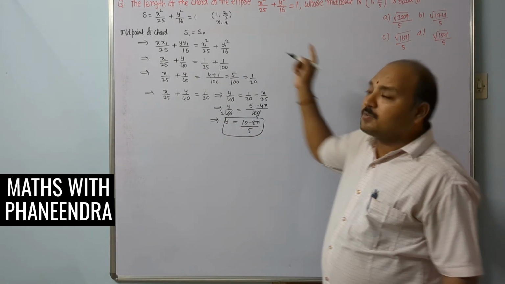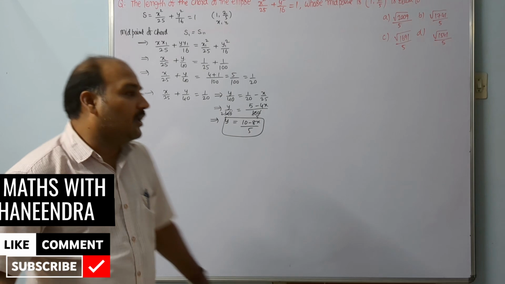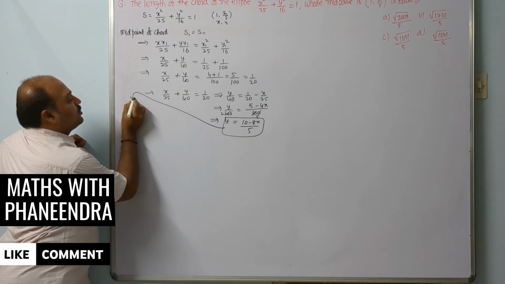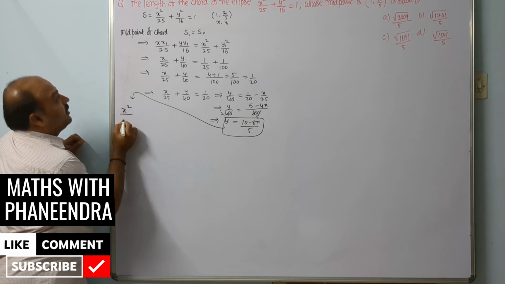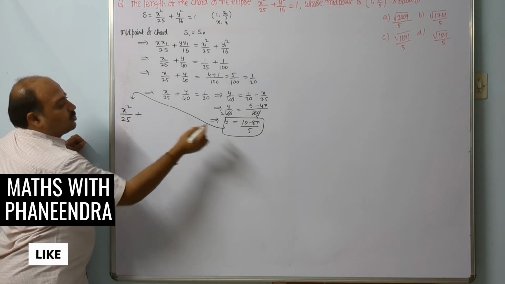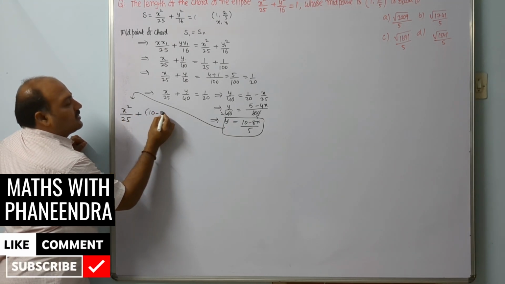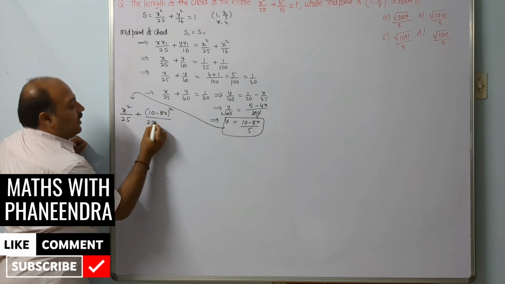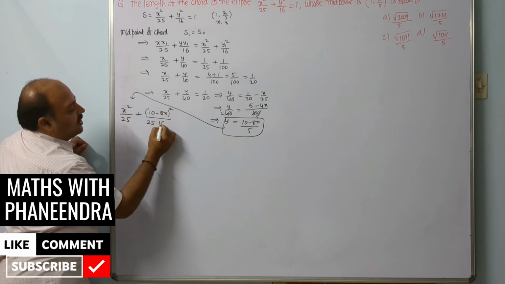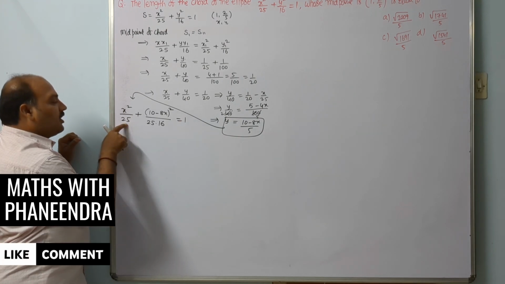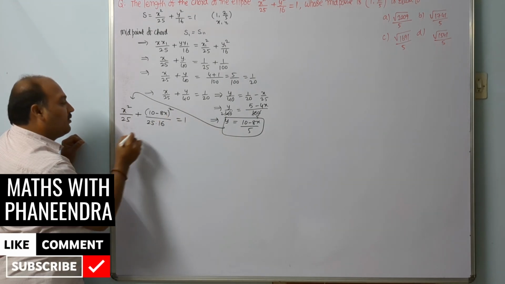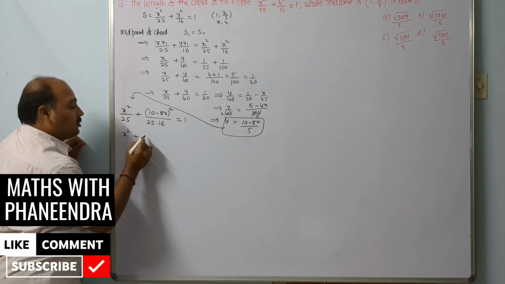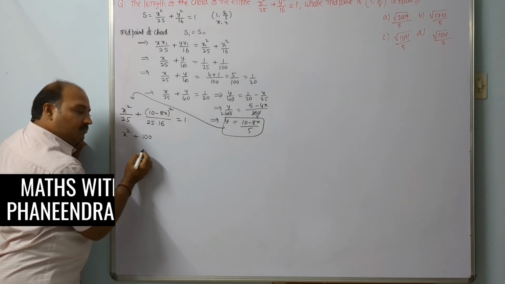This y value we substitute in the given curve. So it becomes x square by 25 plus y square, meaning (10 minus 8x) whole square by 5 square, which is 25, into 16, is equal to 1. Here 25, here 25, take out common and take the LCM. x square plus (10 minus 8x) whole square, 100.